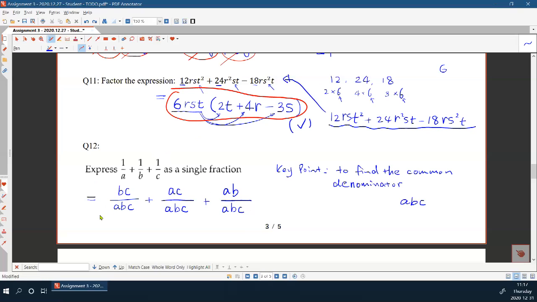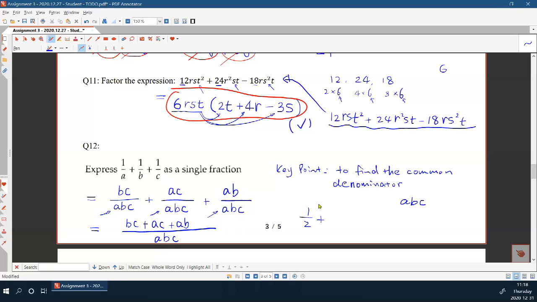Then only if you have the same denominator for the 3 terms, you can combine them. Okay, denominator is abc, the numerator is bc plus ac plus ab, right? Okay, pay attention here. Only if the denominators are the same, you can combine the numerators.